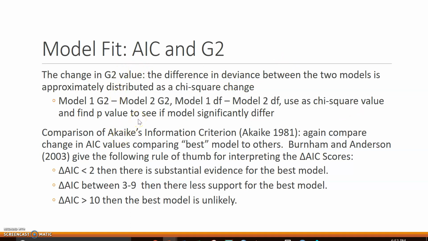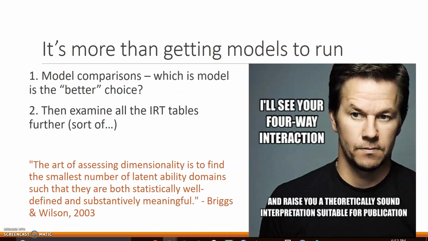So we literally are taking model 1 statistic minus model 2 statistic and seeing if the p-value is significant for that delta, that change between those two. If it is significant, then that means that the models are significantly different, and then you have to figure out which one you consider better than the other one.